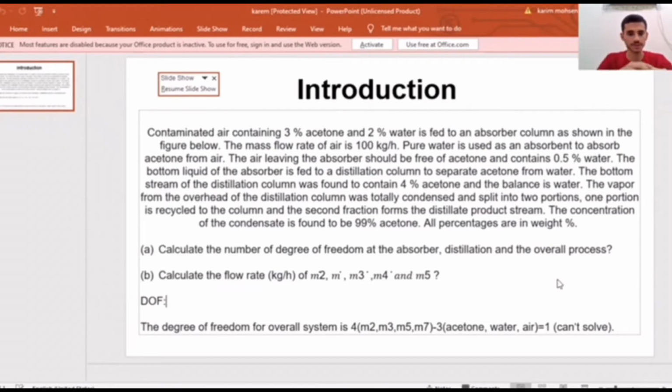One portion is recycled to the column and the second fraction forms the distillate product stream. The concentration of the condensate is found to be 99% acetone. And a small piece of information: all percentages are in weight.